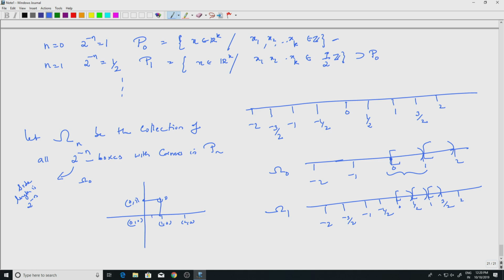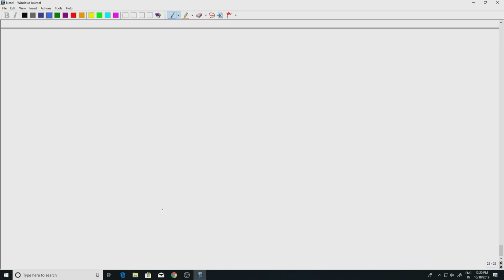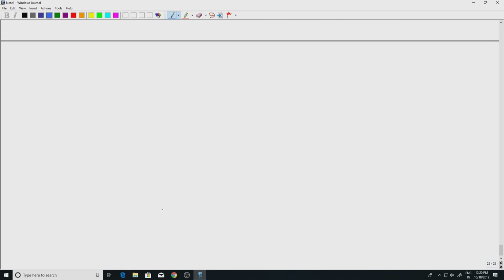First you divide these things by 2 and so on, and then you will be dividing this by 4. That is because there you are in dimension 2. In dimension k you will divide this into 2 to the k boxes, and you continue. Next time you will have further divisions like this and so on and so forth. So, that is the collection of boxes we are looking at.